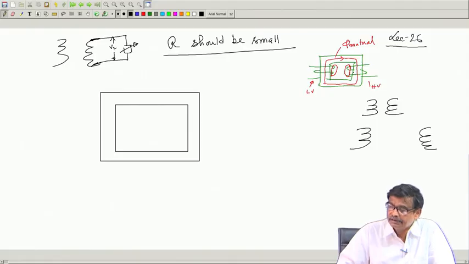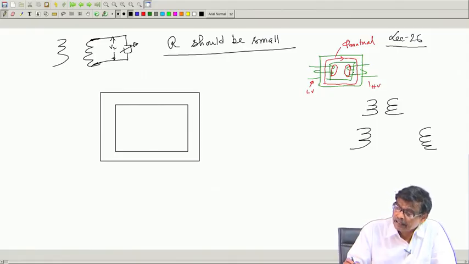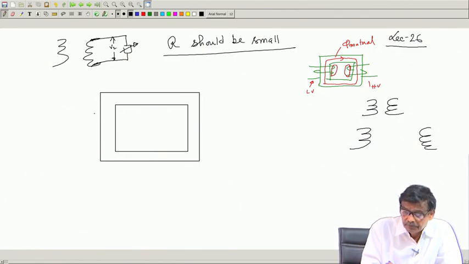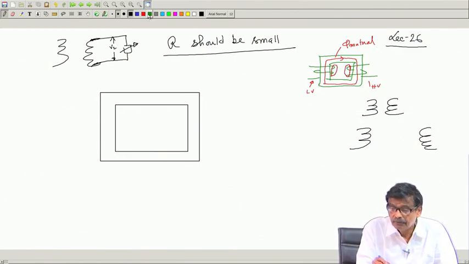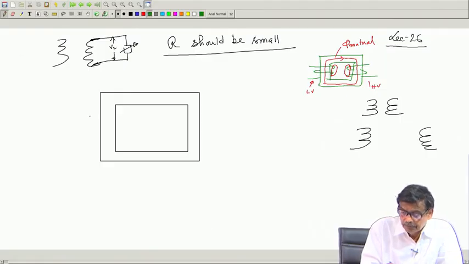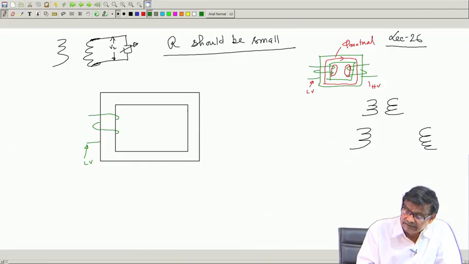What do I mean by this is, whatever is the total number of turns of the LV winding you arrive at, you take half of the turns here, only LV I am drawing, this is suppose LV winding, and this also I called LV.